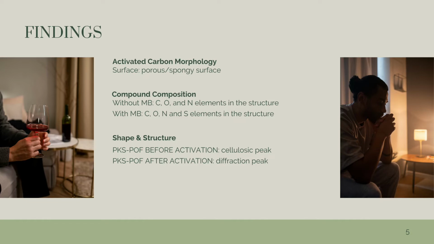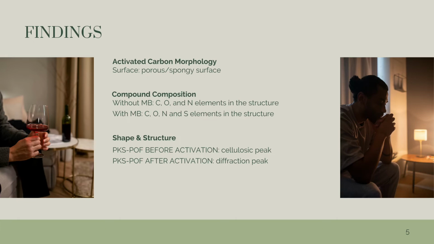Morphological structure and element composition of PKS and POF activated carbon can be seen, whereby the morphological structure of PKS and POF activated carbon shows that it has an uneven surface with a spine-like structure. It has proven that PKS and POF activated carbon are very porous and suitable for adsorption of methylene blue.